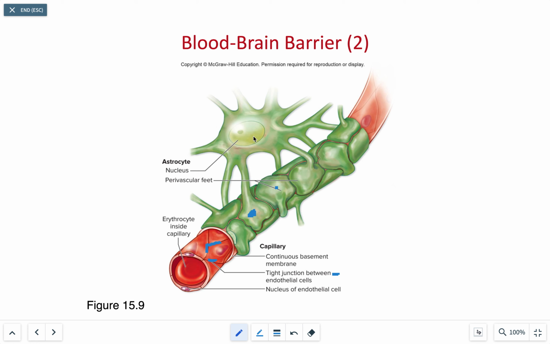So we don't see astrocytes in 3 areas. The first area we don't see astrocytes in is the choroid plexus. In the choroid plexus, we don't see astrocytes because the capillaries of the choroid plexus must be permeable to produce the cerebrospinal fluid. We also don't see this located in the hypothalamus or in the pineal gland.